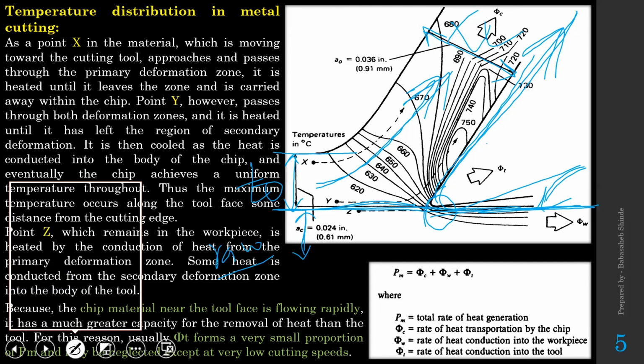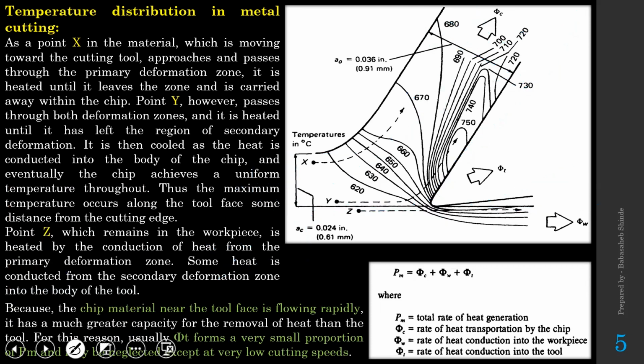Now in this sketch you need to focus on three points. The first one, point X over here, second point Y over here, and third one, point Z over here. Okay, now we know that this X point is at the top surface of the workpiece, and because of relative motion between tool and workpiece, when this gets converted into chip, this point is going to follow this dotted line path.